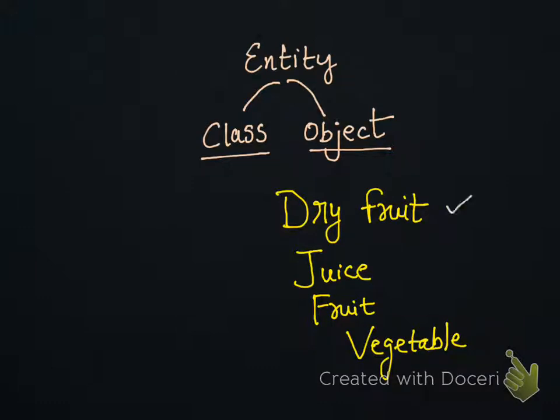Some students said yes, you pronounced dry fruit, some juice, and some said that yes, you have pronounced fruits and vegetables as well. But in reality, I have not pronounced any of these. These three phrases or words were not there in what I said.